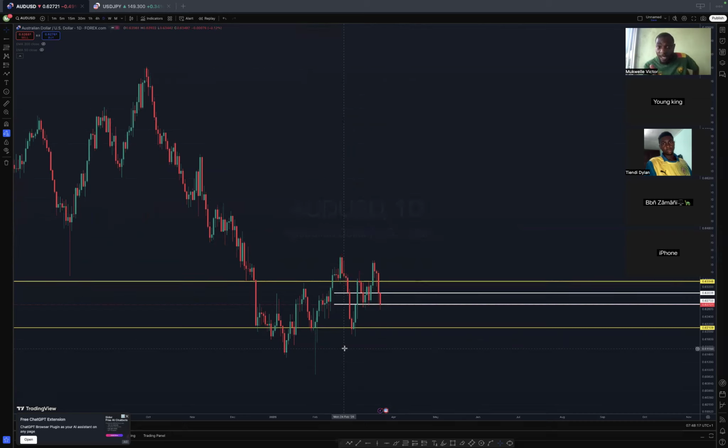If I was just looking at this market on the basis of candlestick patterns, I wouldn't have that much confidence to take this trade. You have to bear with me that when you're approaching the market, you look at all these confluences.